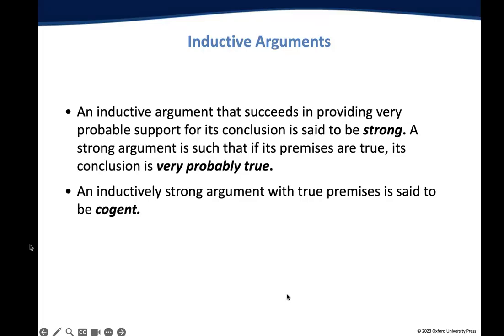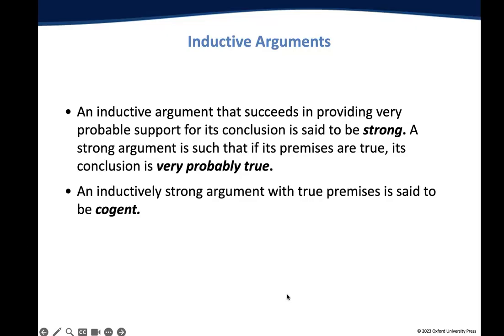With deductive arguments, we say that they are either valid or invalid. With inductive arguments, on the other hand, we use the terms strong or weak. So an inductive argument that succeeds in providing very probable support for its conclusion is said to be strong. A strong argument is such that if the premises are true, then its conclusion is very probably true.